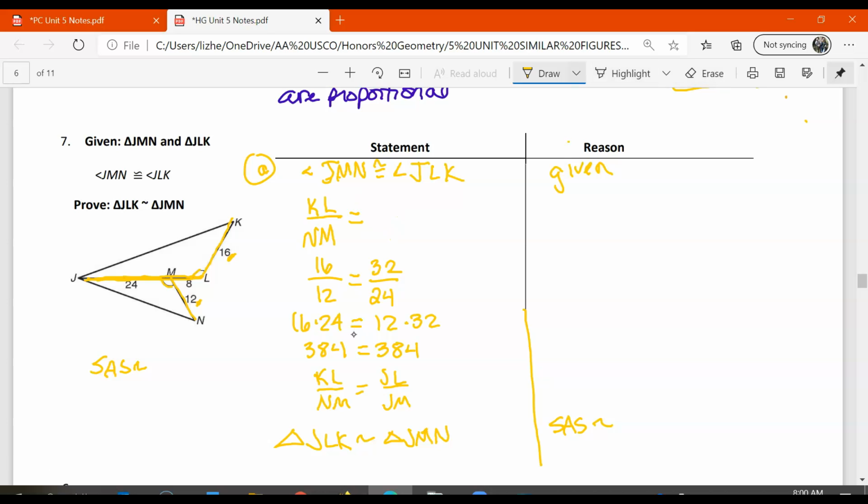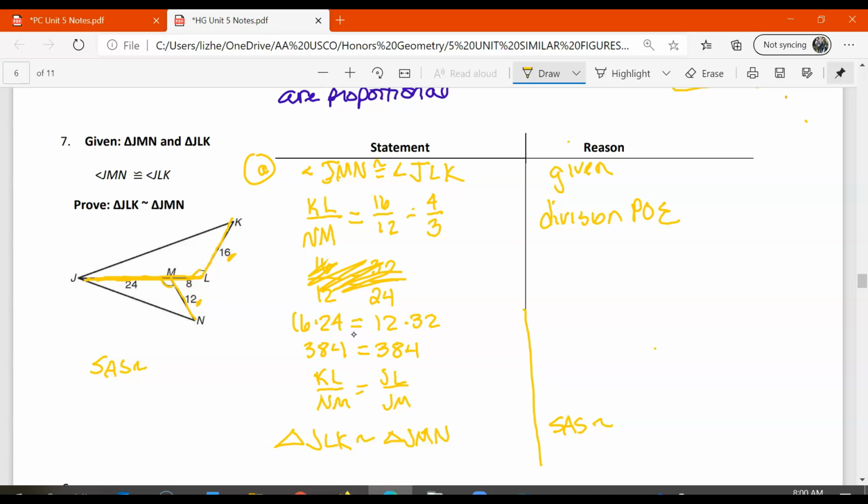All right, I'm going to say KL to NM is equal to 16 over 12, which is simplified to 4 over 3. That's called division property of equality. Get rid of that step.